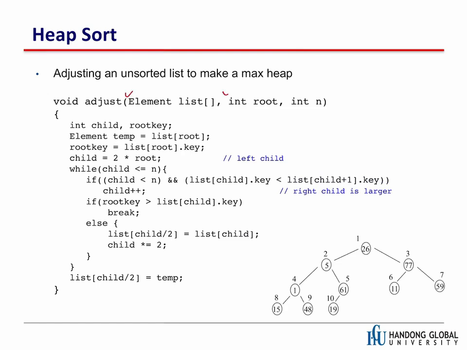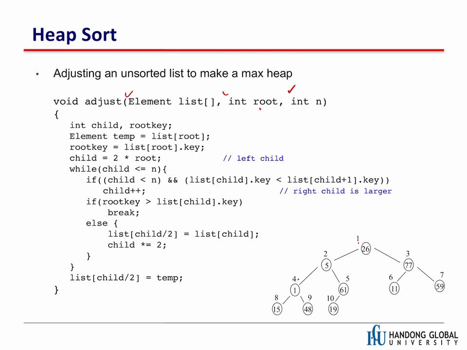First we have a list, the root node, and an integer, the boundary of this tree. So the root could be 1 or it could be 4. Okay, and n is the last element of the list.